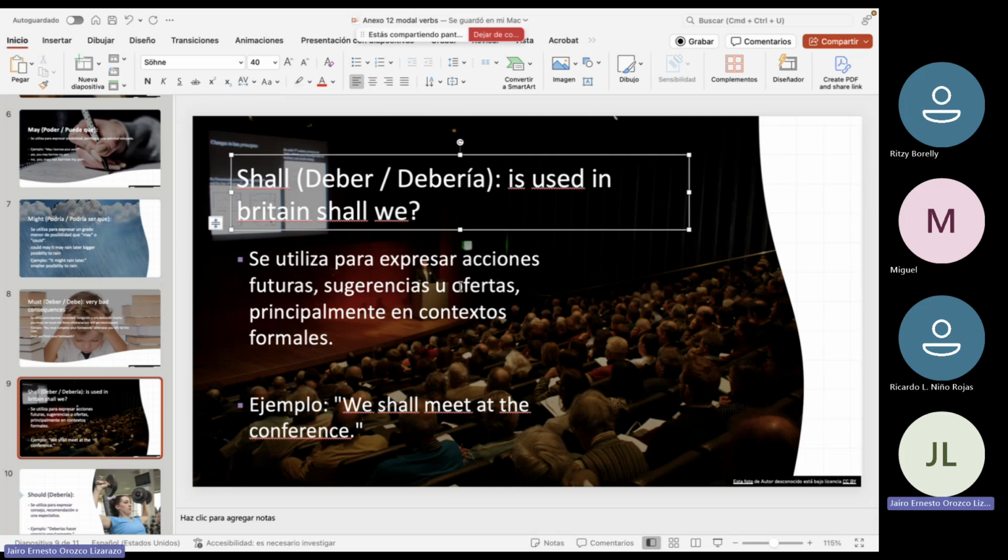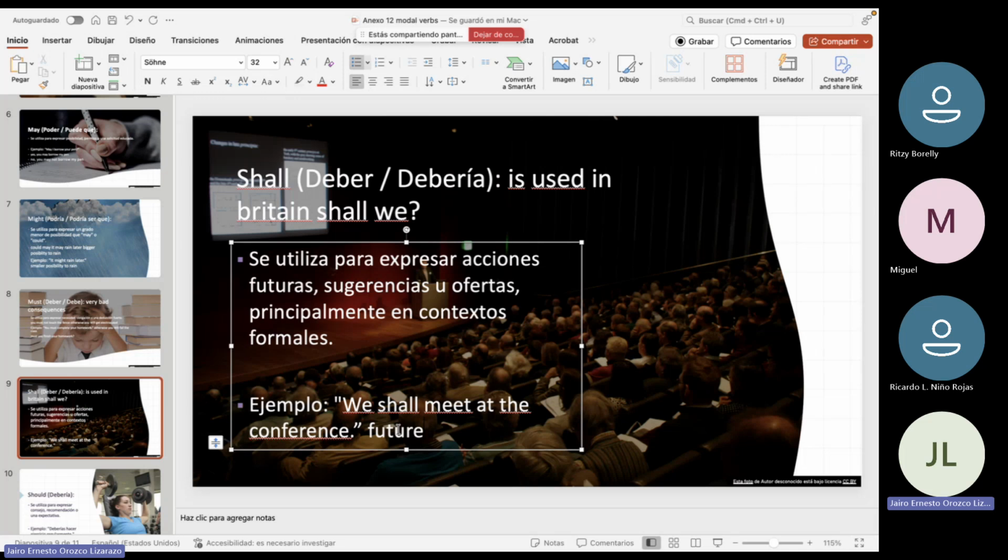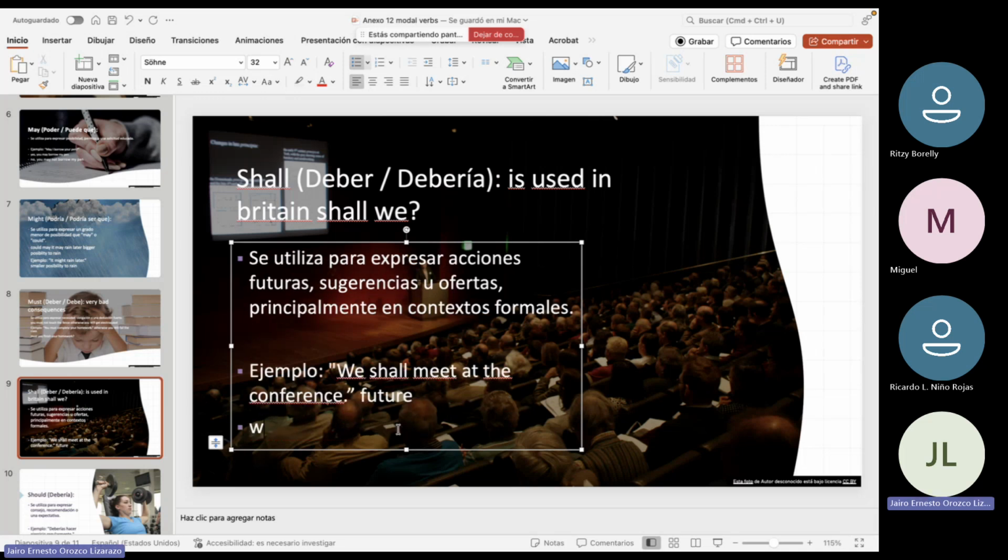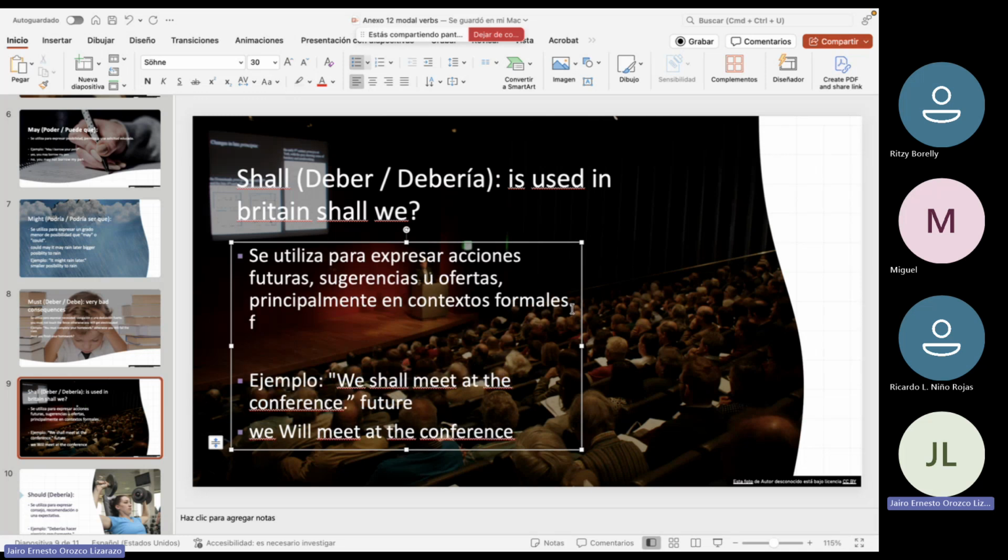So it's used to express future action, suggestions, or offers. So for example, we shall meet at the conference. So this is a future. But we say we will meet at the conference. In the United States, this is not very common. Shall in the United States is very fancy.